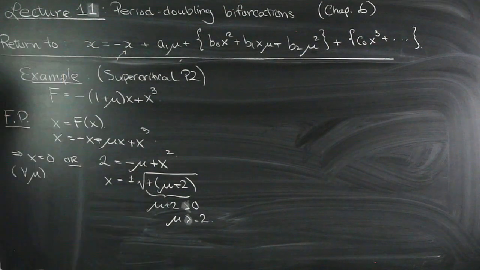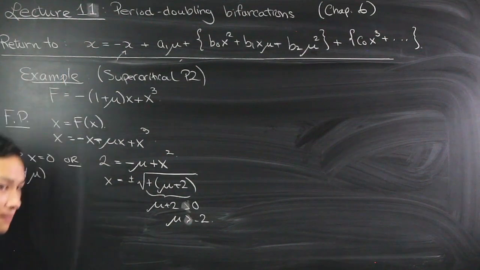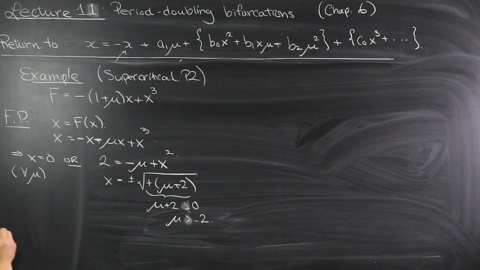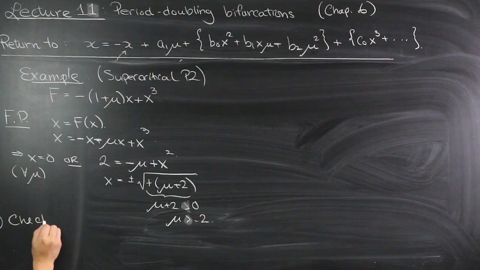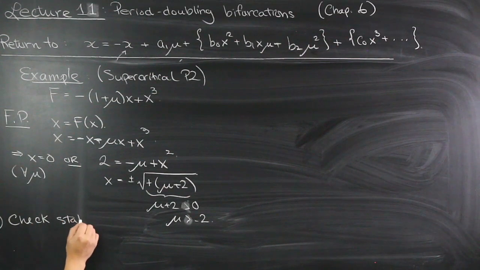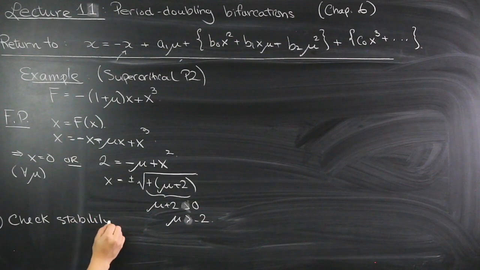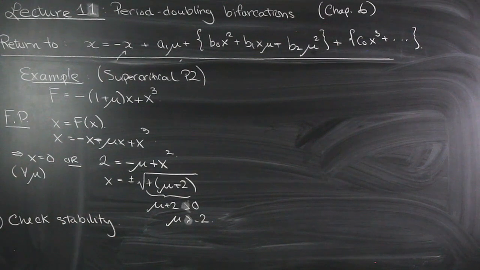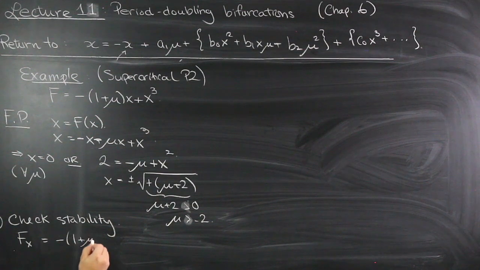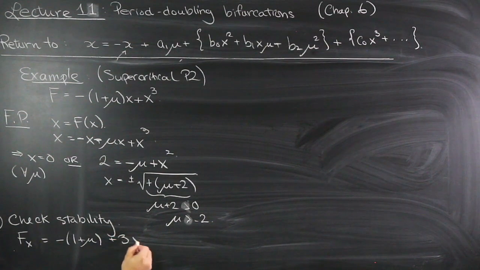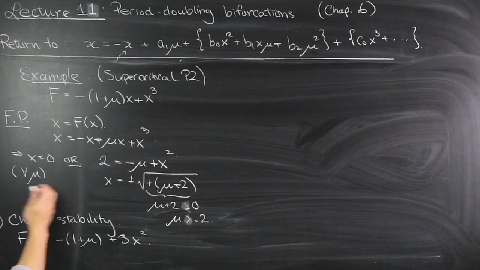Okay, now you go and you get your stability, so let's do that. So check stability. And let's take our derivative, f_x. So that's a minus 1 plus mu plus a 3x squared. And then you have to check stability at all these 3 points.